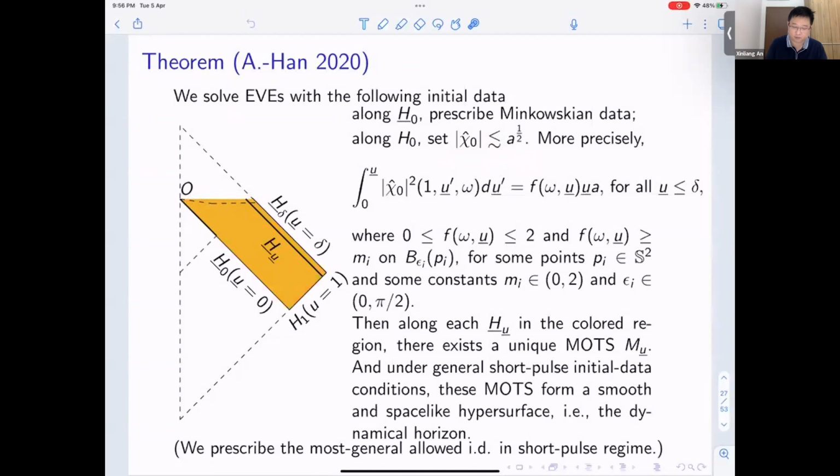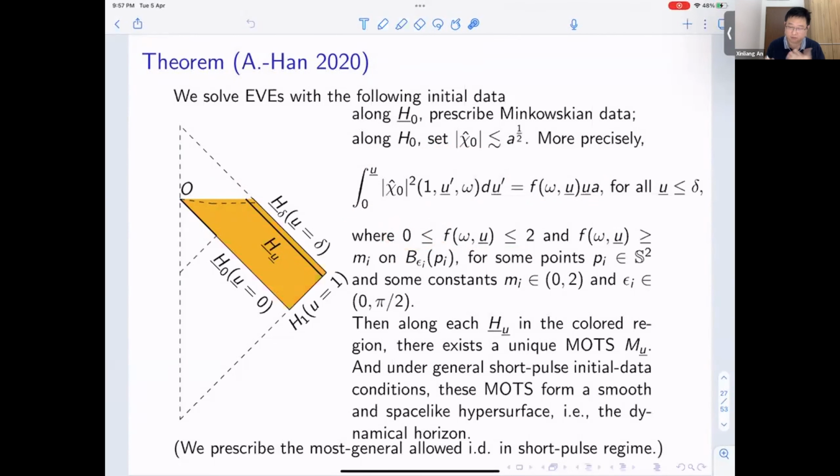So the condition we require is f times u bar of a. We know this will be of the order u bar times a, but the coefficient is not known. So here we allow f to be between 0 and 1. We can allow this to be 0 for many parts of the sphere S2.